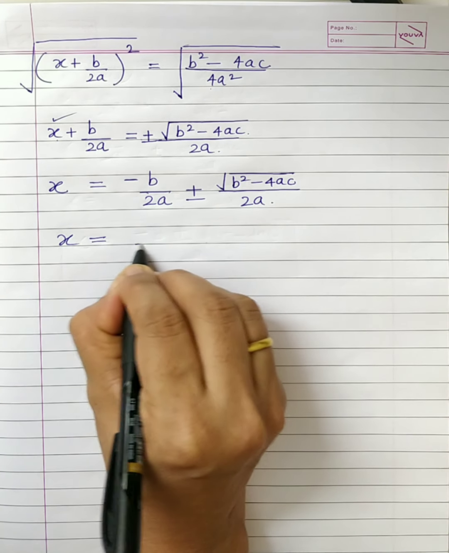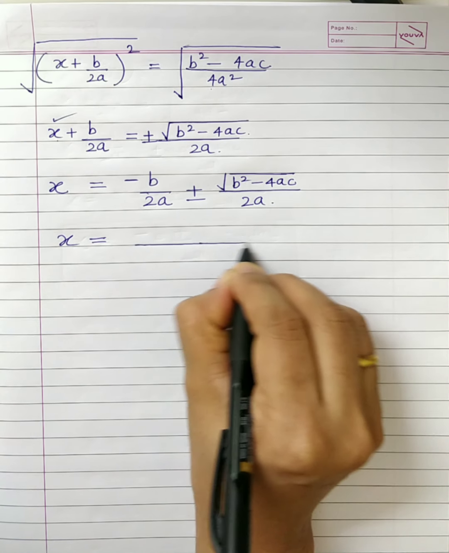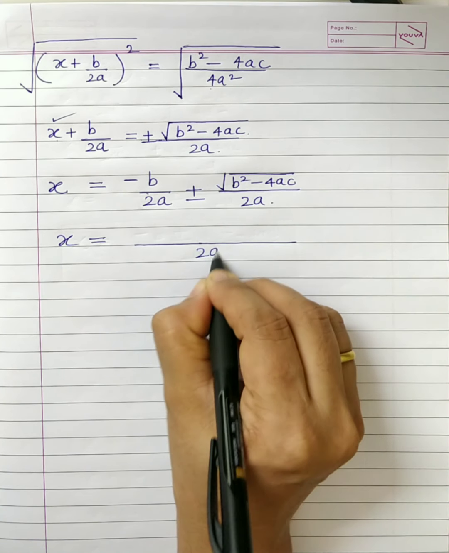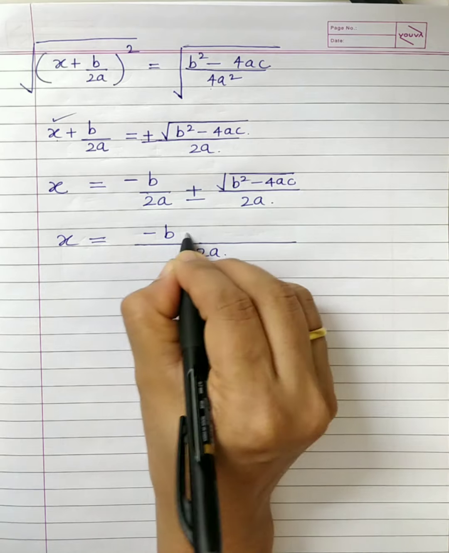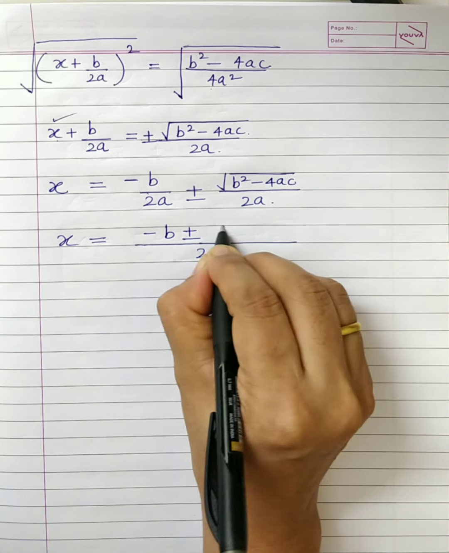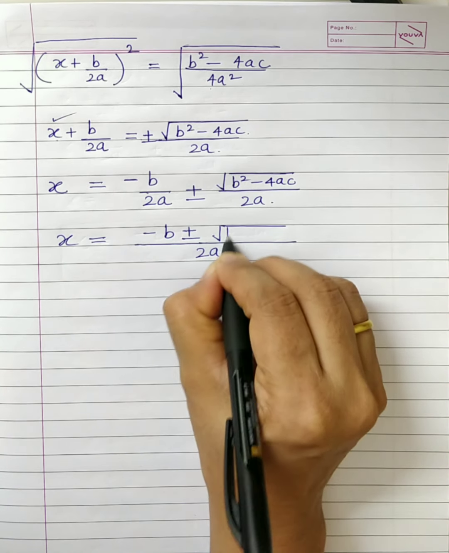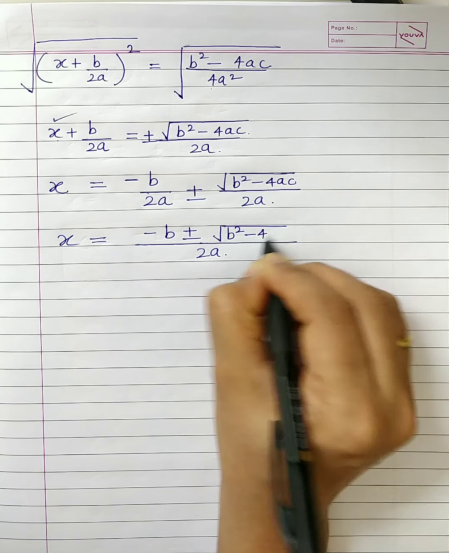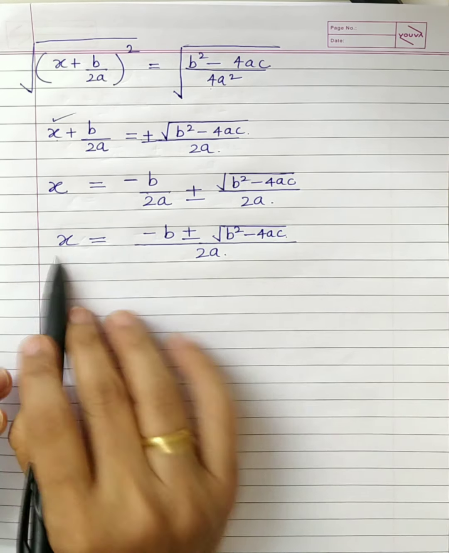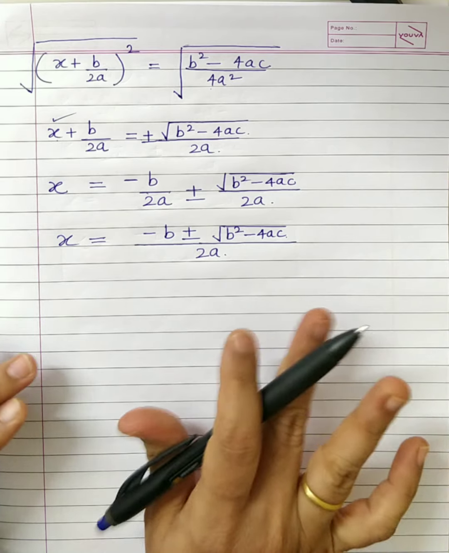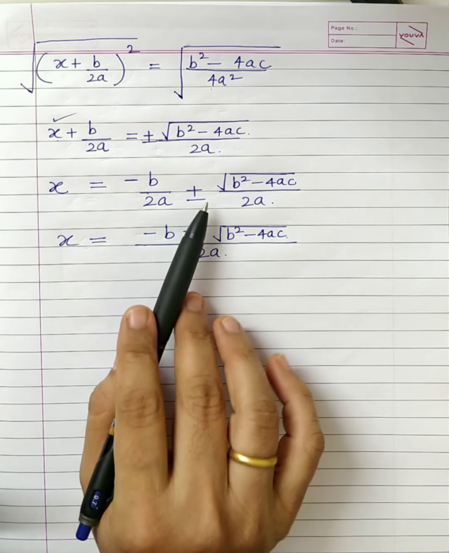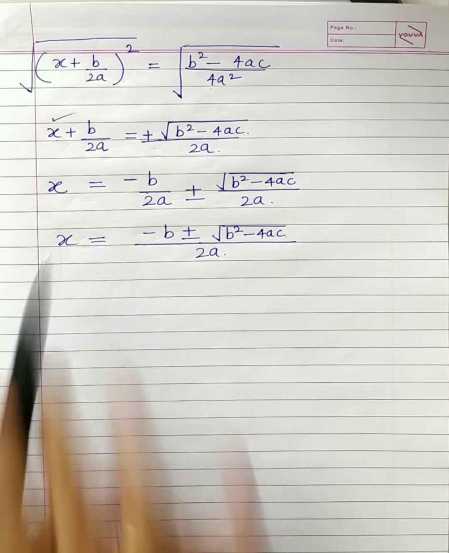So we can combine the two terms having the same denominator, 2a. What you have here is minus b plus minus under root b square minus 4ac, whole upon 2a. This is the formula. Any quadratic equation can be solved by using this formula.